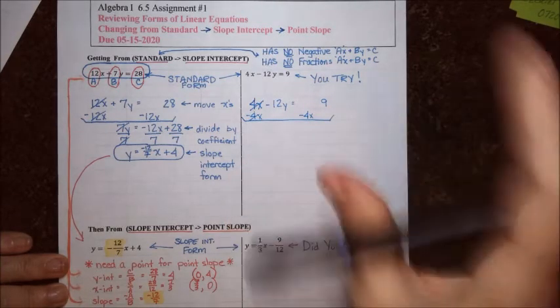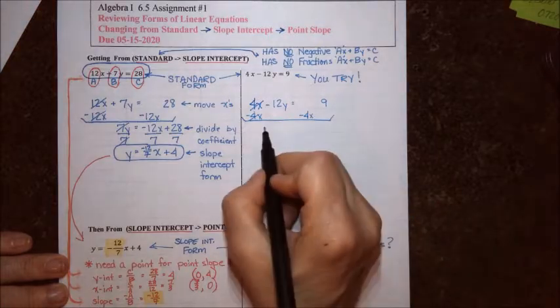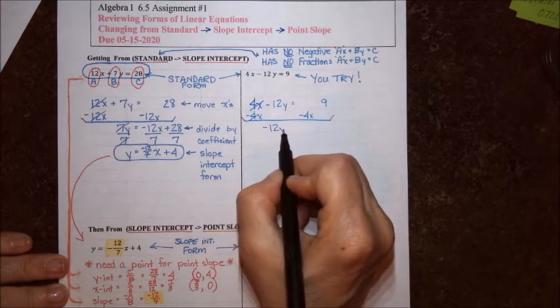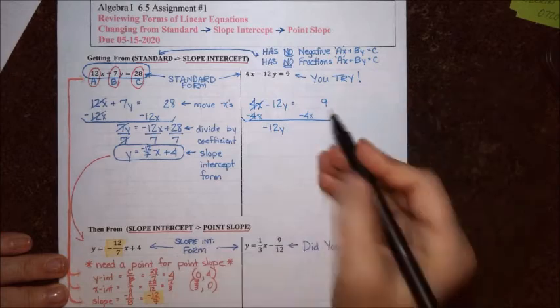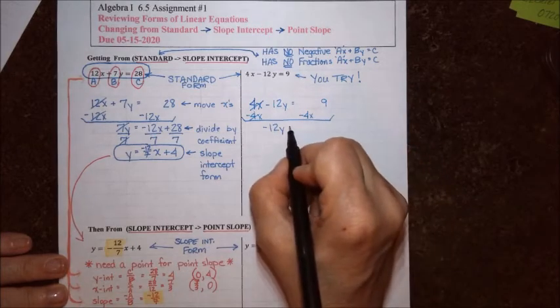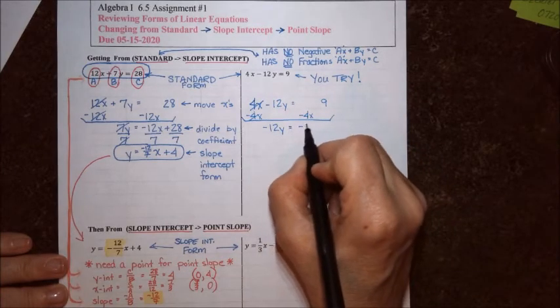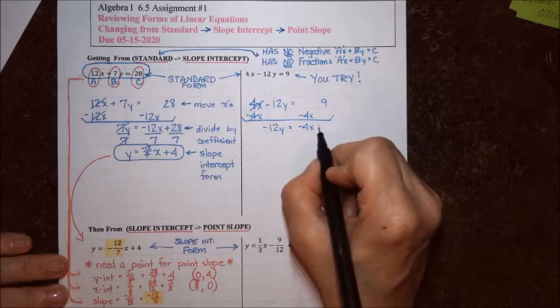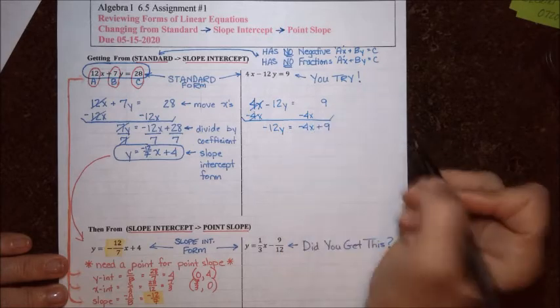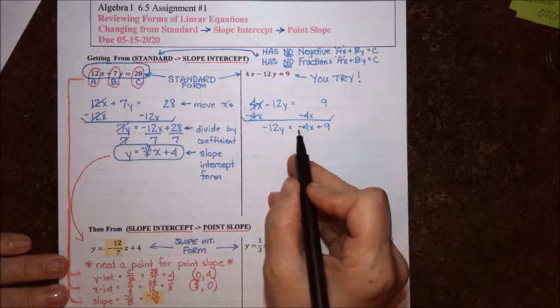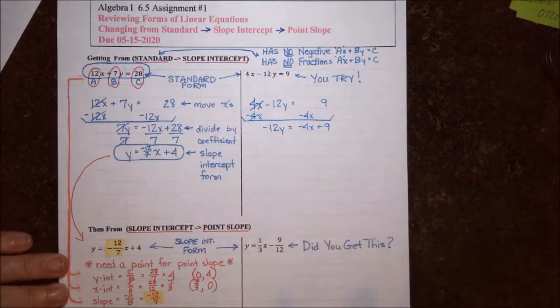So have I subtracted my x's? Yes, I've moved them. Now I have negative 12y. I leave the negative because I still have that negative y on there. But I've got negative 4x plus 9 because it started out with a positive 9. Nothing's changed there. All right, so let's see how we did.